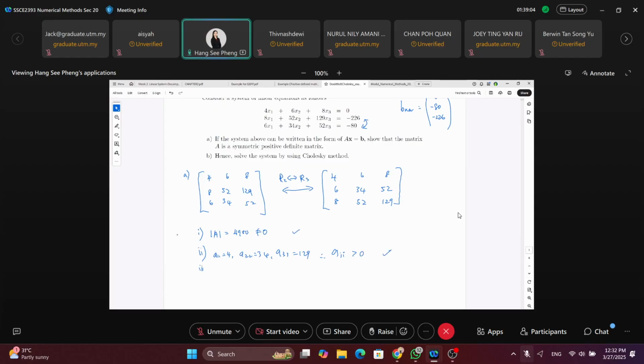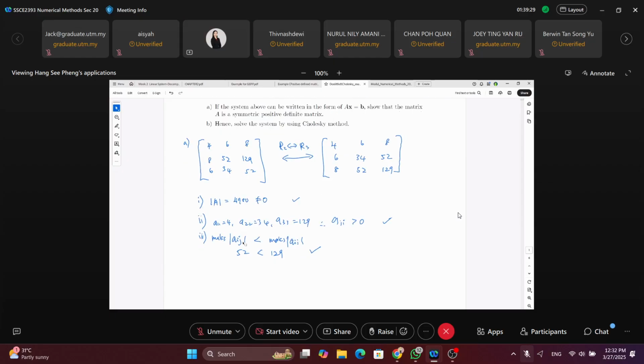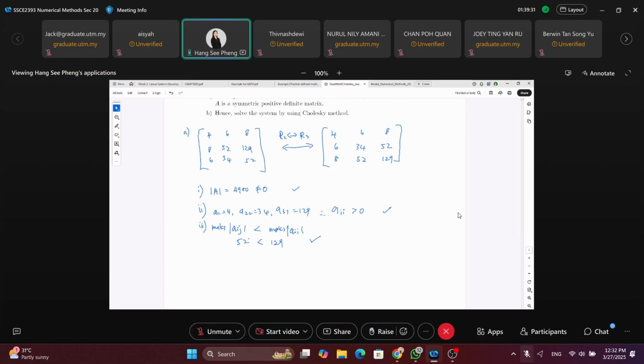The third one: the maximum of the non-diagonal should be less than the maximum of the diagonal. The maximum of the non-diagonal here is 52. 52 is smaller than 129. Satisfied.